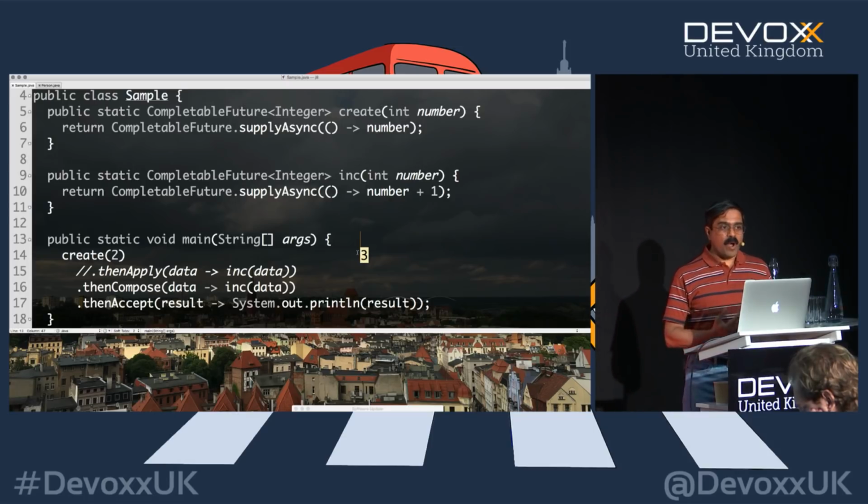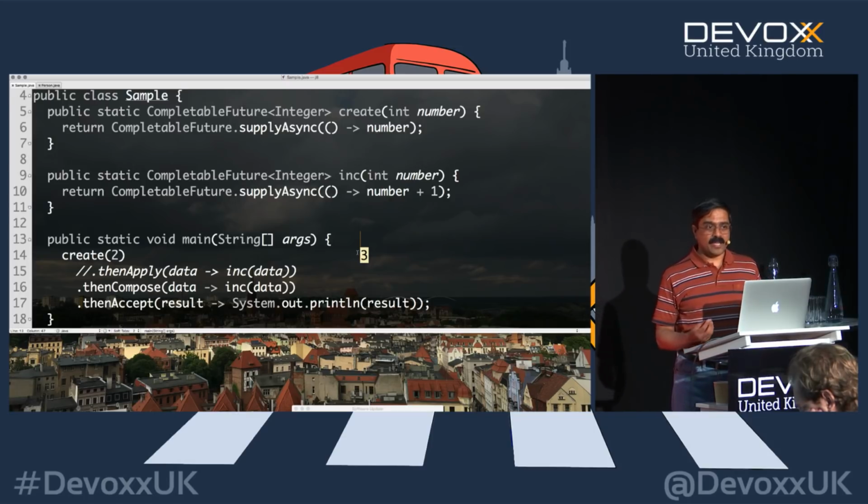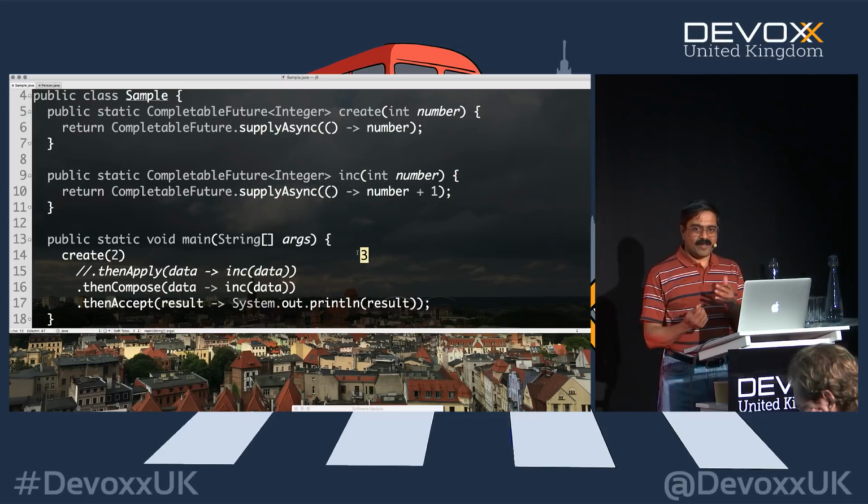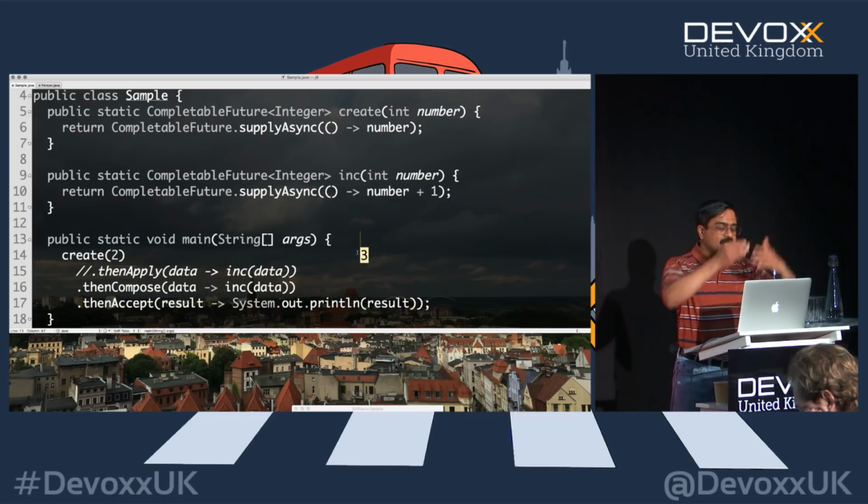You need to know why you want to use then apply versus then compose. When you return data versus when you return a completable future, you want to wait on the completable future, not on just what was returned from this function. So in other words, you want to go one level below to the completable future, not at the top level.